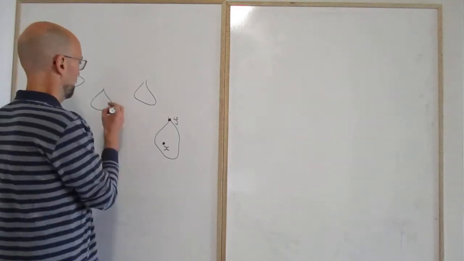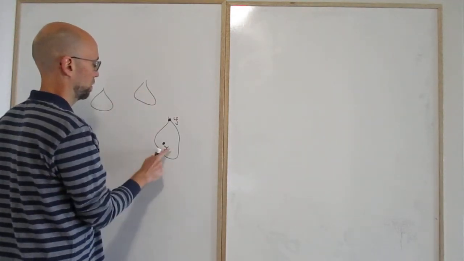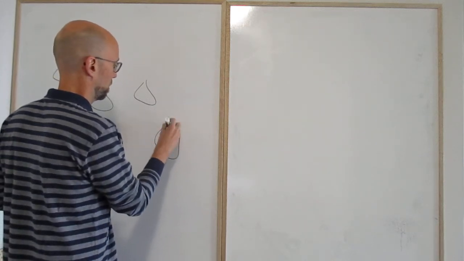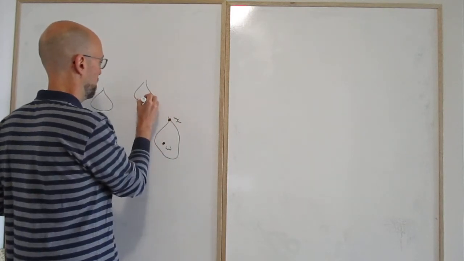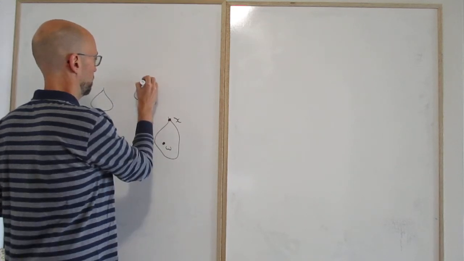So let's suppose, let's make this W, X, and let's make this Y, and let's make this root Z.